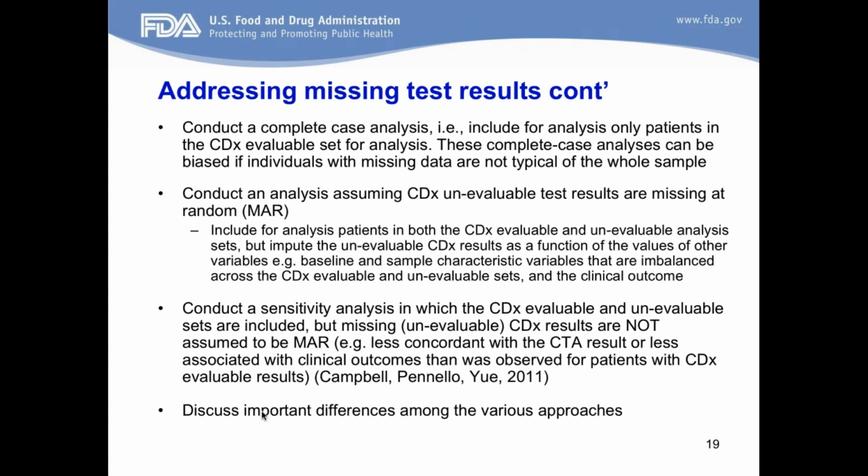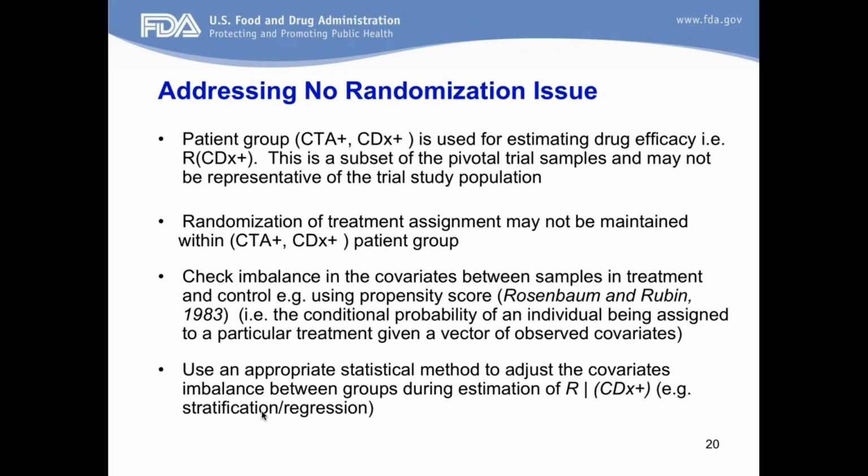And I mentioned early on how to estimate delta 0 and delta 1, because those cannot be estimated directly from the clinical trial. And of course, the last point is to discuss important differences among the various approaches. And I already mentioned the possible issue for randomization, because CDx double positive is just a subset of CTA positive, and the randomization of treatment assignment may not be maintained because you may have only a small sample, especially if you have a lot of missing data.